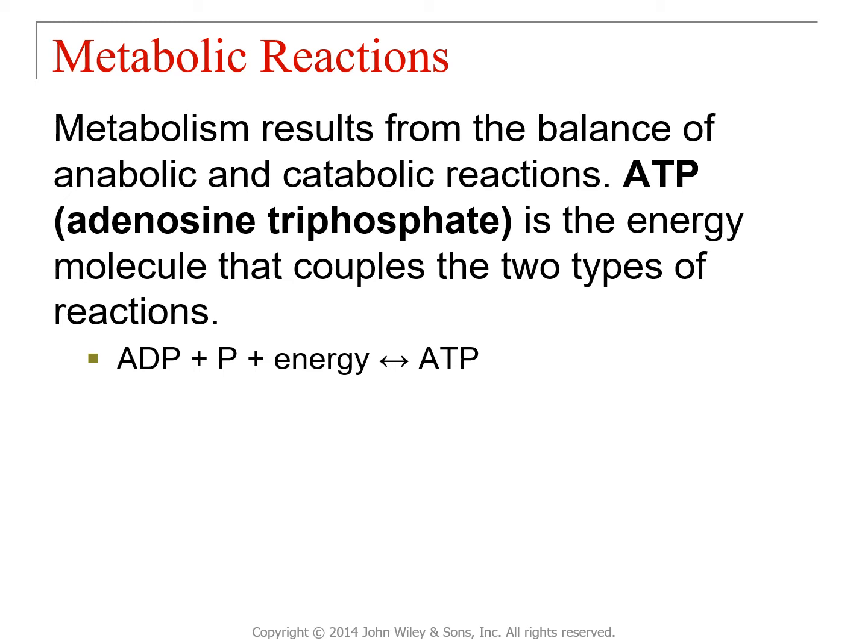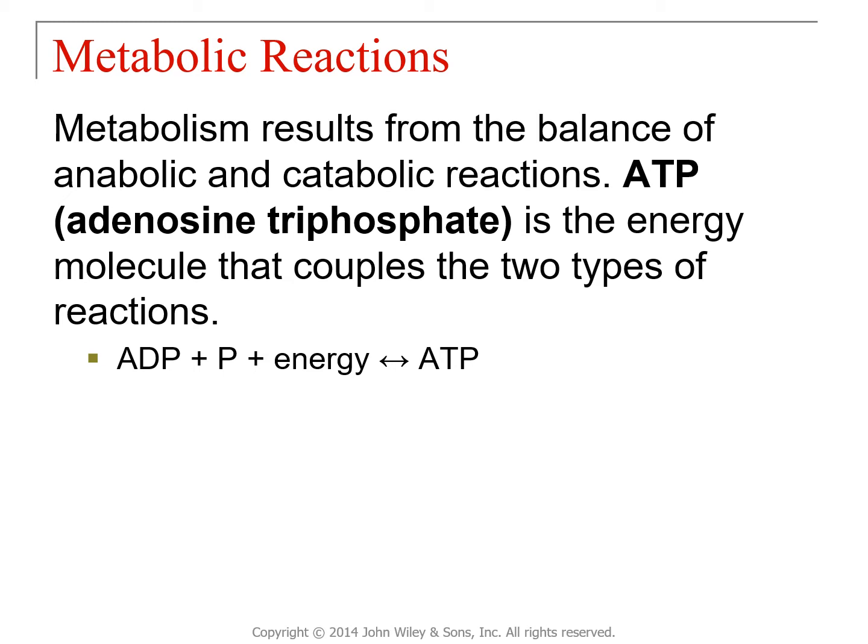ATP is the intermediate molecule that captures and releases energy during these reactions. So ADP, which has two phosphate groups, can be attached to an inorganic phosphate, or Pi, when there's available energy captured during enzymatic reactions, and that forms ATP.